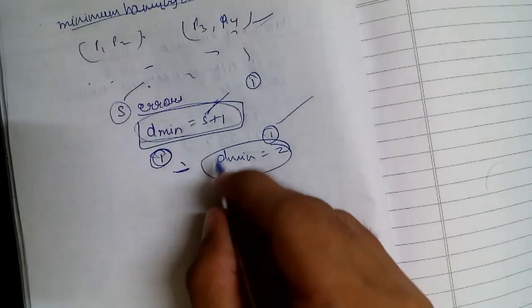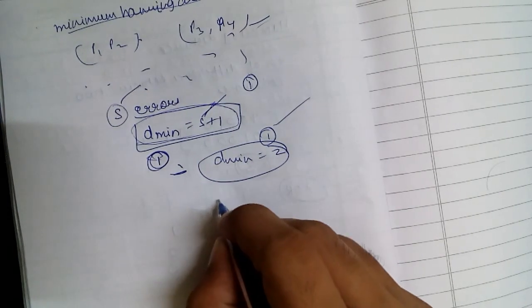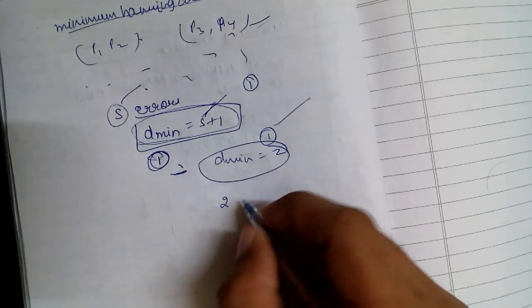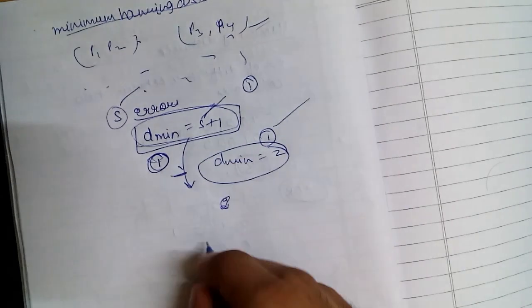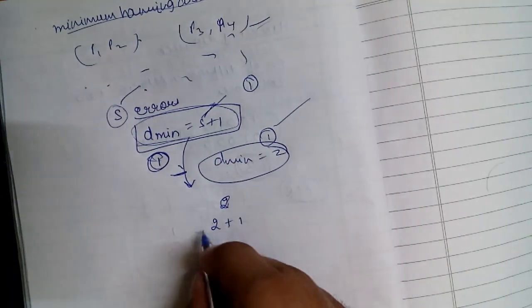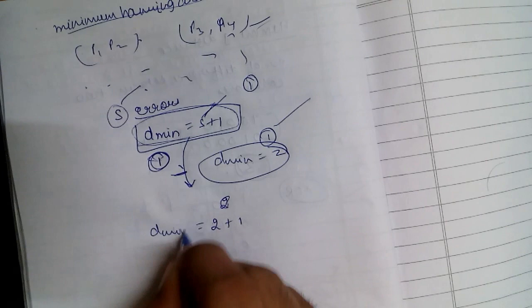So if we want to detect, you can say, 2 bits of error, then by using this formula, S plus 1 equal to D minimum.